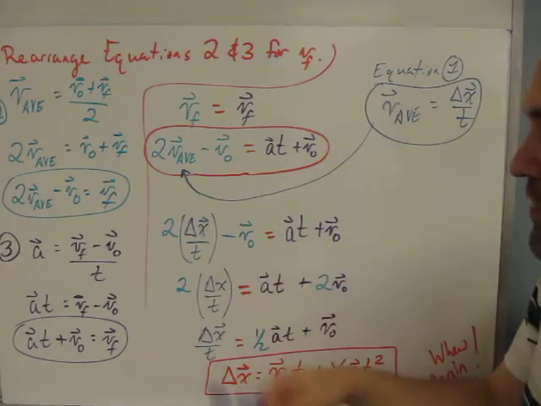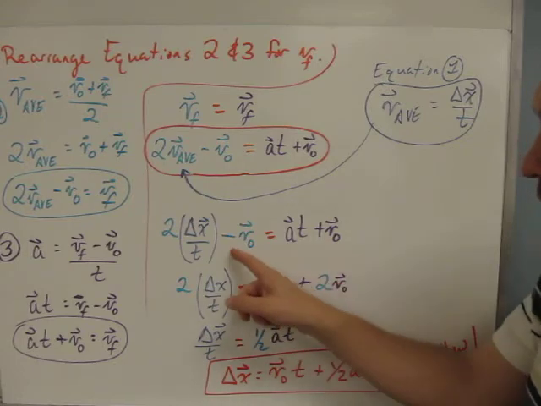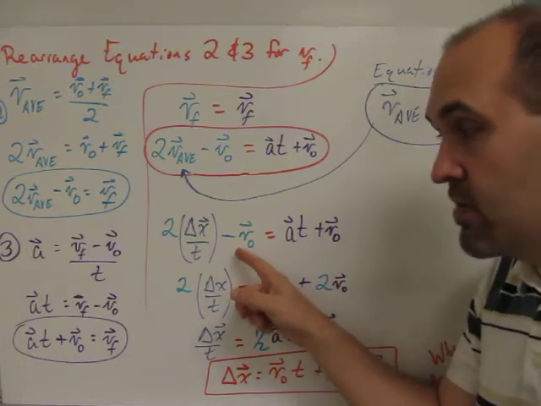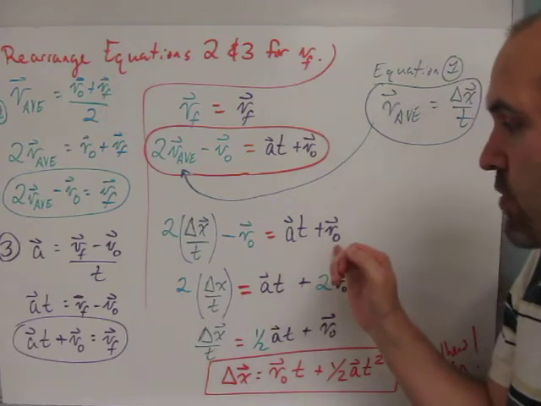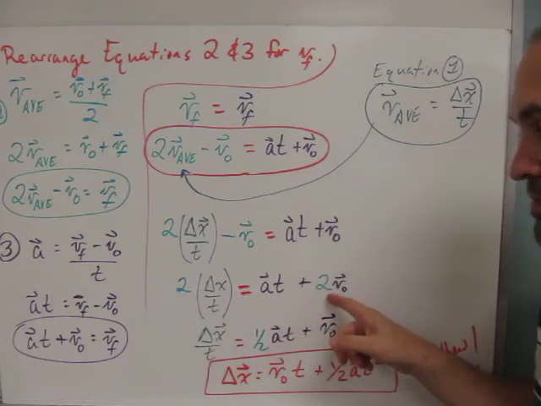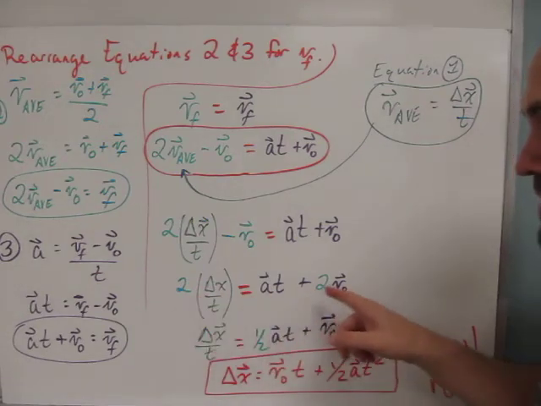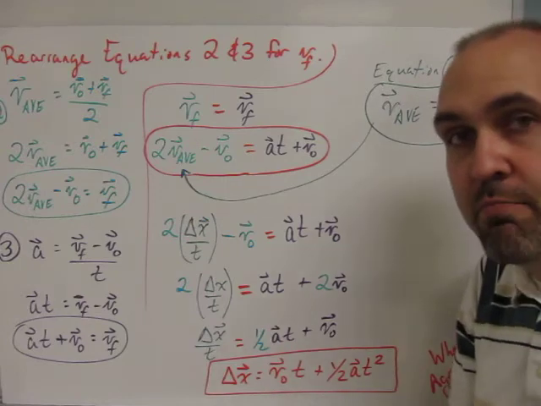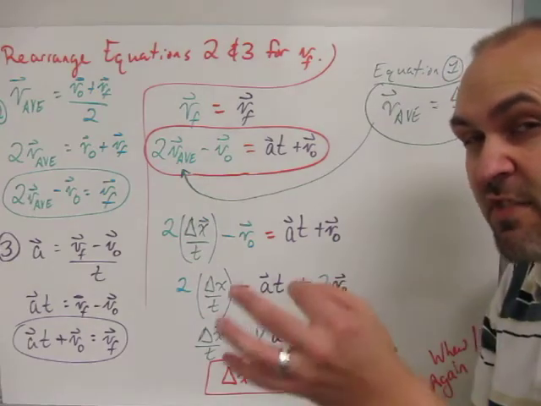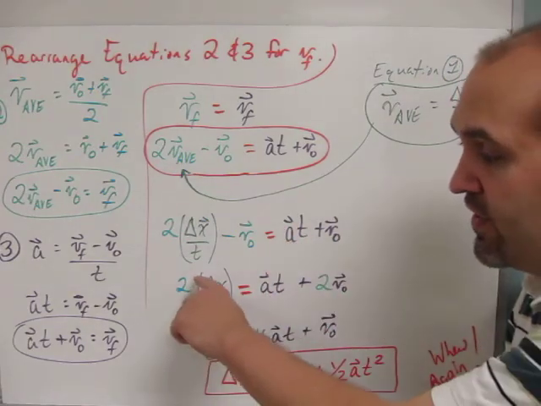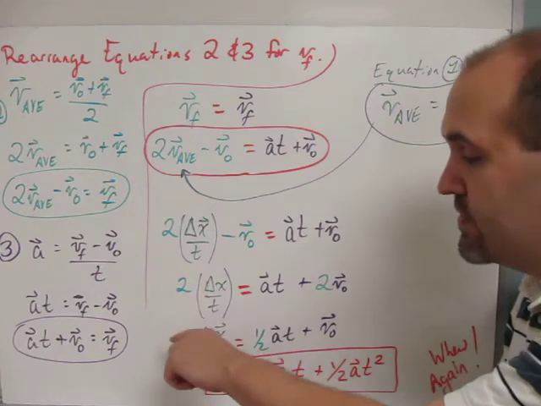So what I did first is I added v naught to both sides. So when I add a v naught to the left side, it'll cancel the v naught here, and we'll get twice v naught over on the right side. So that's what I did to get to this step. And then to get to the next step, I divided both sides by 2. And when I divide everything by 2, I have to divide each individual term by 2. So if I divide this term by 2, that cancels the 2.